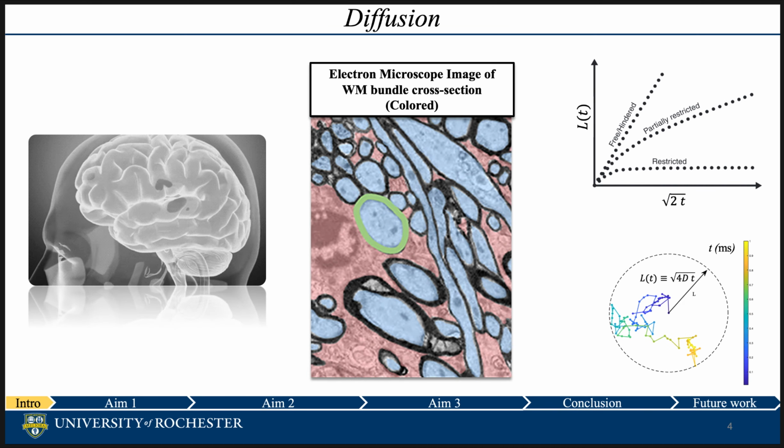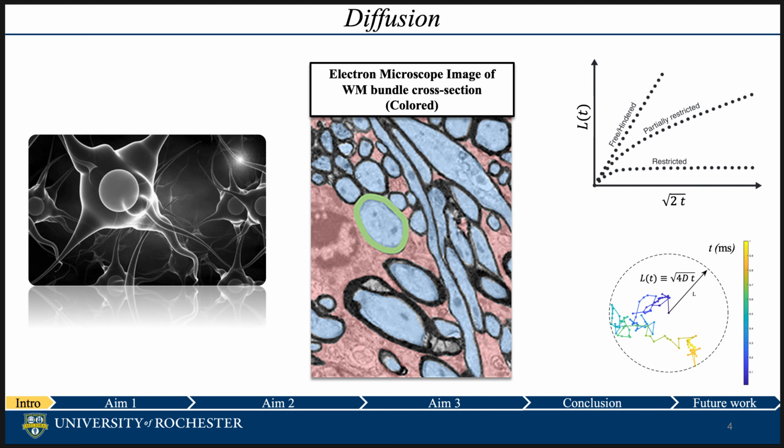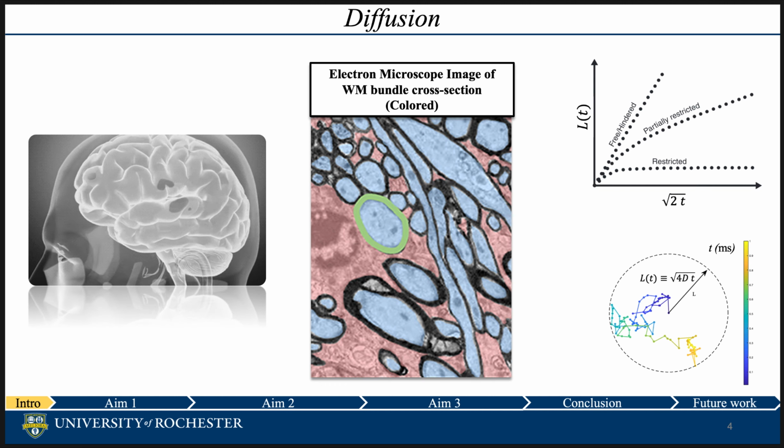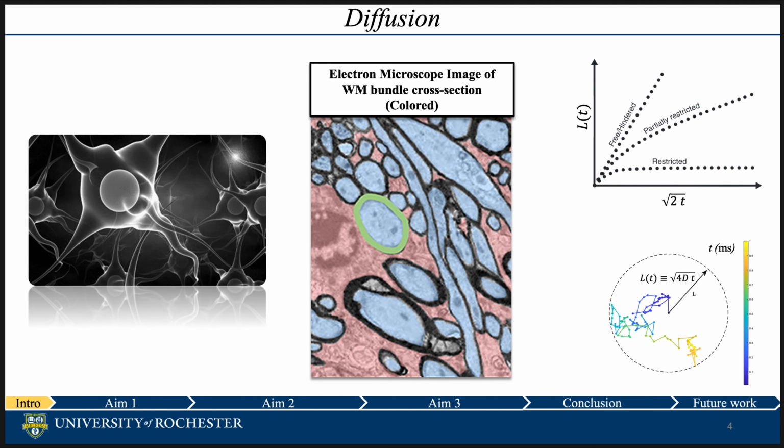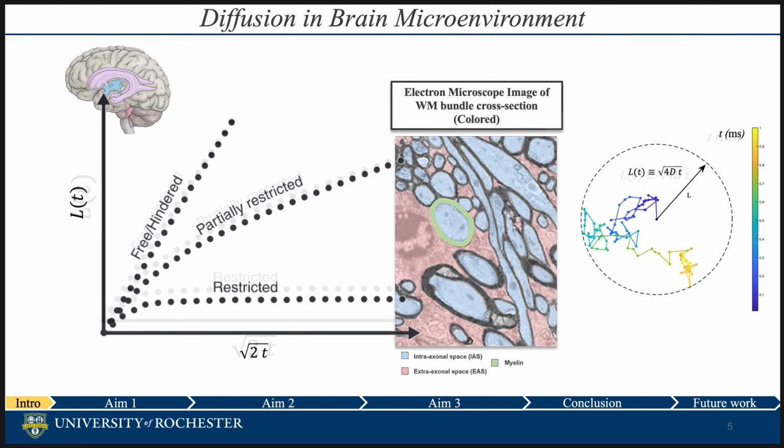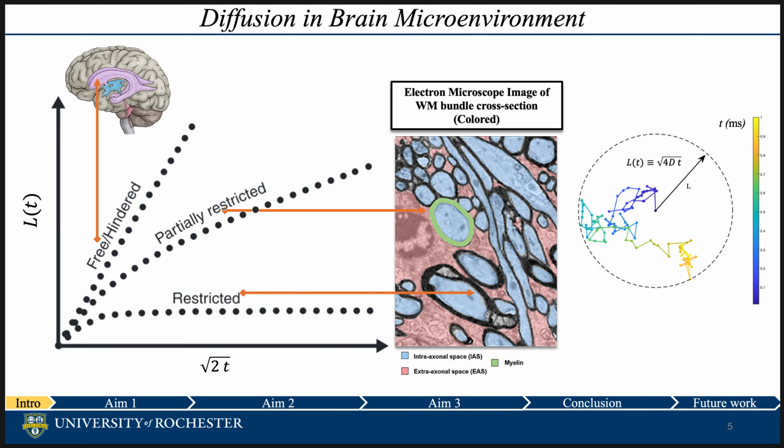And now, as we take a closer look at the brain microstructures, we find these structures restricting water in different ways. So, based on how different structures restrict the water movement, in theory, we should be able to get different diffusion profiles.